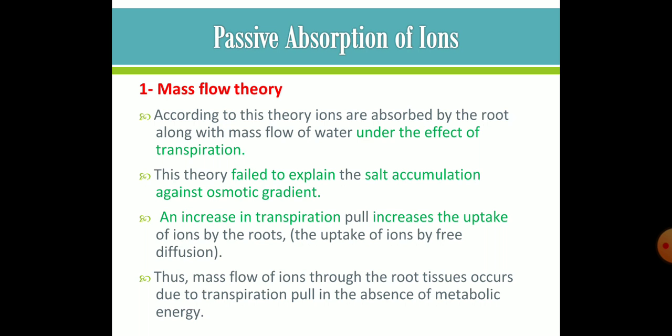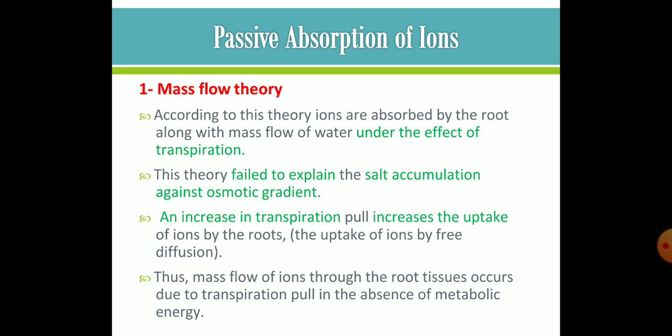This is the basic concept of the mass flow theory. Here a large quantity of molecules is transported, explained by the passive absorption mechanism. But this theory failed to explain salt accumulation against the osmotic gradient.